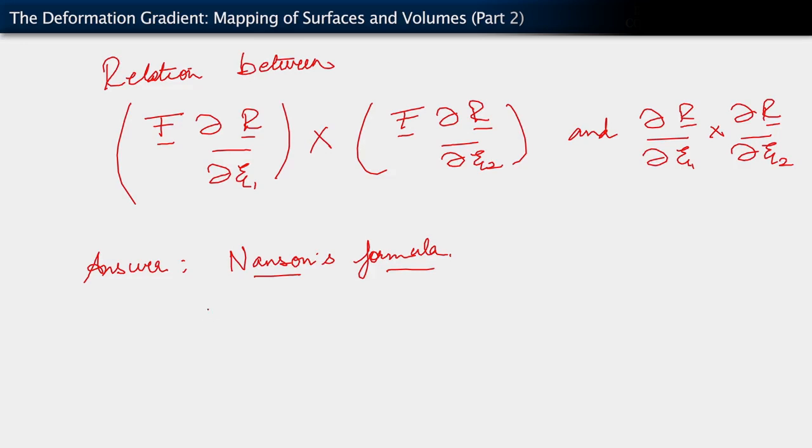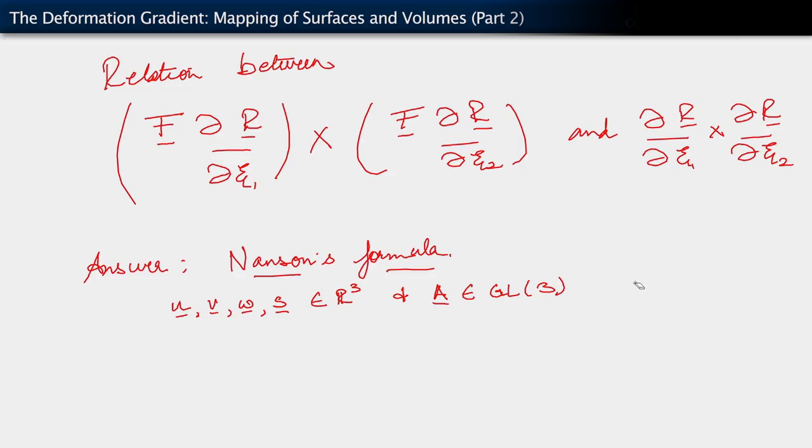Okay, if U, V, W, and I believe I needed another one, so let me say little s, if all of these are vectors, and A is a tensor, A is just some tensor.